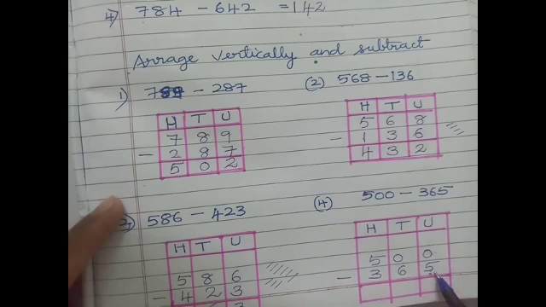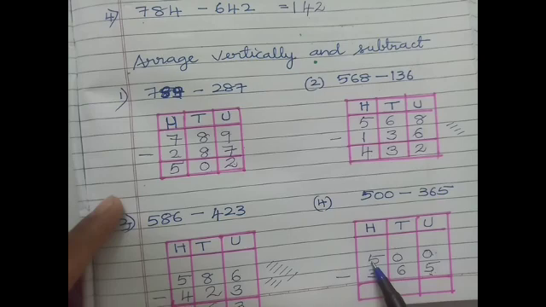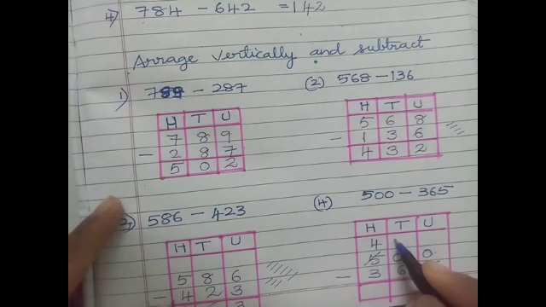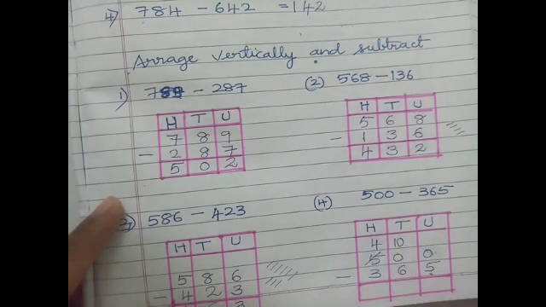For this type of sum, you use the borrowing method. So if the sum is like this, you have to go to the next place, that is tens place. In the tens place also you have 0. So you have to move on to the hundreds place. In hundreds place you have 5. So you take 100 from here. So this became 4, and here it became 10.